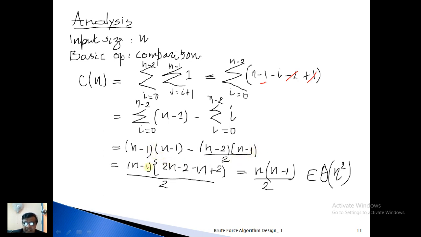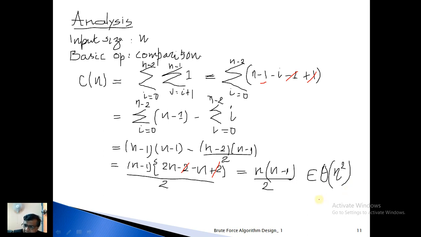n minus 1 is taken as a common factor. What remains here is 2n minus 2 minus n plus 2. Once again minus 2 plus 2 will get cancelled away. 2n minus n will give us n into n minus 1 by 2, and this also belongs to quadratic complexity.